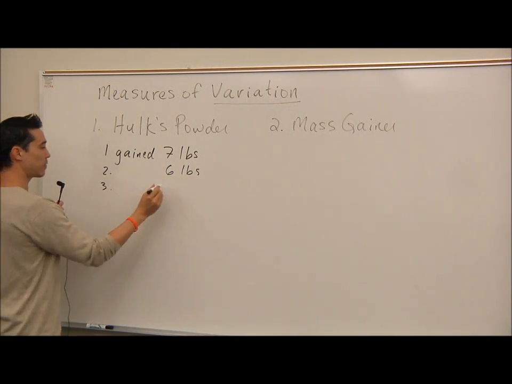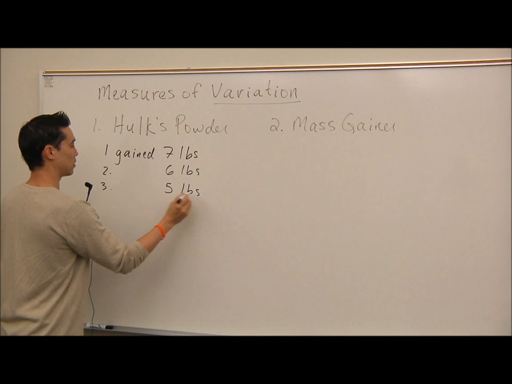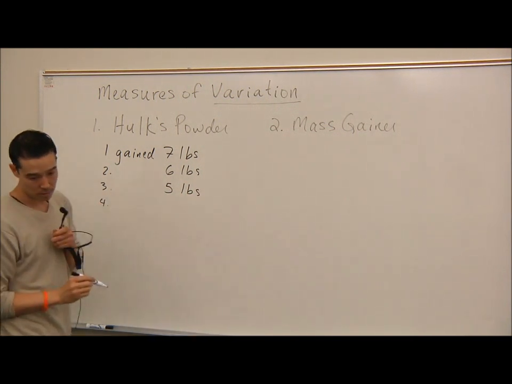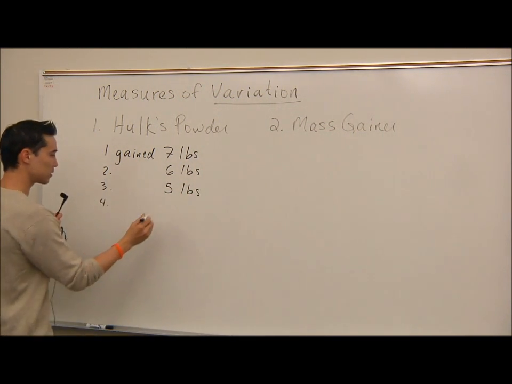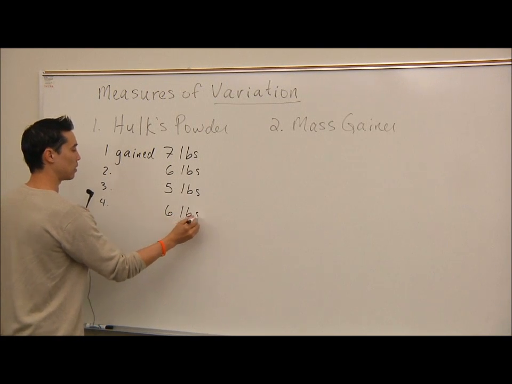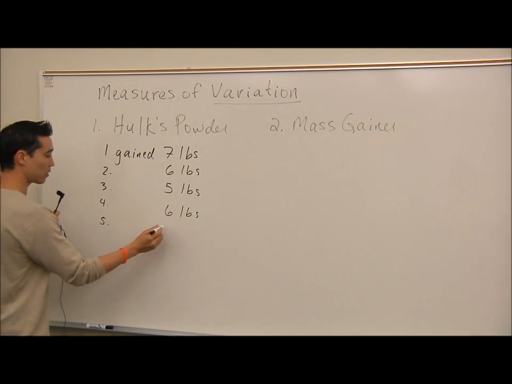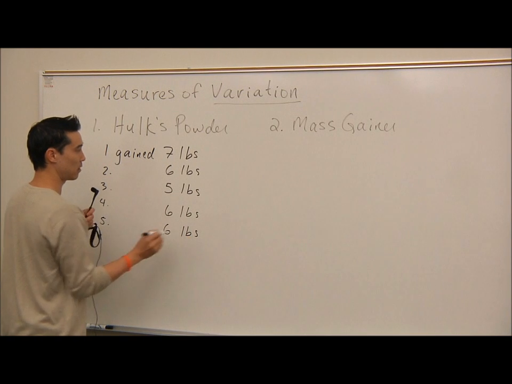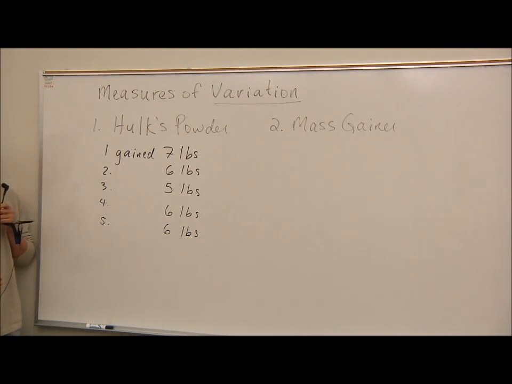Person number 3, 5 pounds. Person number 4, 6 pounds. And person number 5 who used it also gained 6 pounds of muscle mass. Okay, so this is my sample of the people that took Hulk's powder.